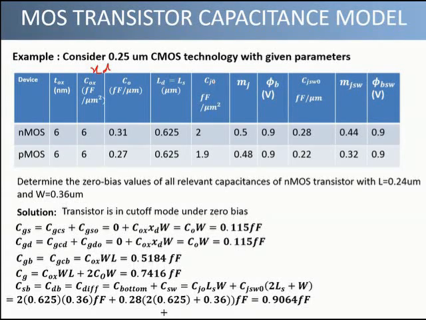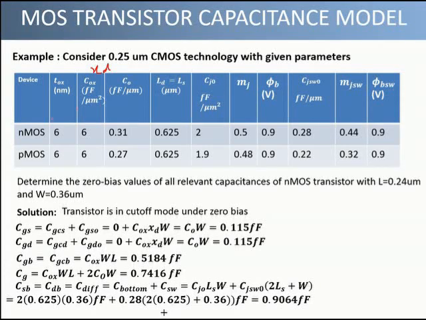CJ0 is the bottom plate junction capacitance per unit area under zero bias condition. MJ is the grading coefficient of the bottom plate junction. Phi B is the built-in potential of the bottom plate PN junction. CJSW0 is the sidewall junction capacitance per unit perimeter under zero bias condition. MJSW is the grading coefficient of the sidewall junction. Phi BSW is the built-in potential of the sidewall junction.